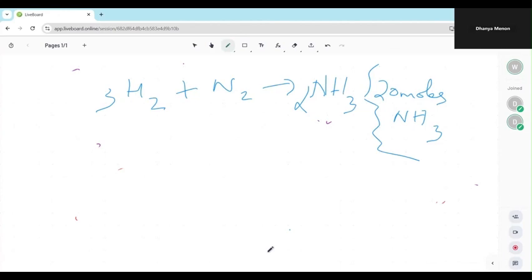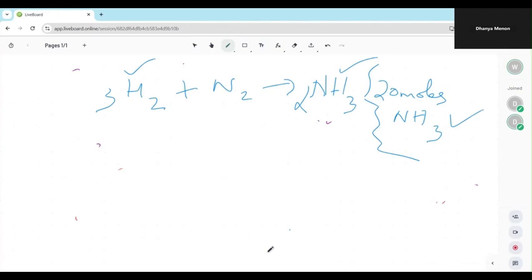They have asked how many moles of hydrogen are needed to produce 20 moles of ammonia. So they have asked about hydrogen and they have given the information about ammonia. So we take these two variables. We don't have the amount of hydrogen or anything like that. They have just asked for the number of moles.